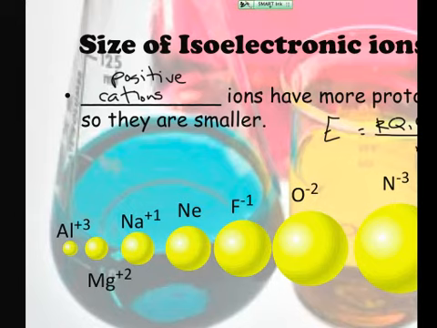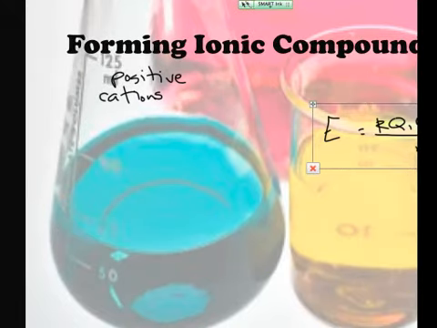Right, so the bigger the ion, the more space it's going to take up when we put it together with something else, right? The smaller the ion is, the closer we can get them together. And so that's going to affect the energy in the bond. You ready? Got your picture? So let's form ionic compounds.